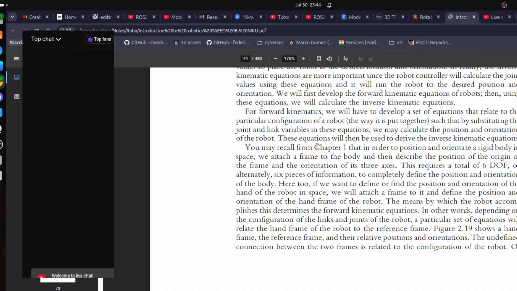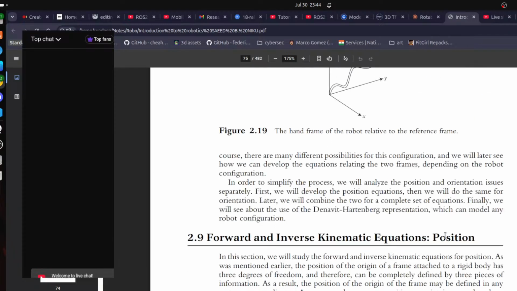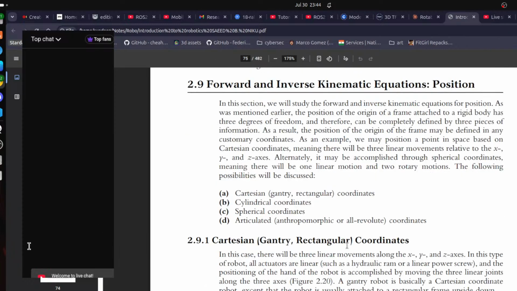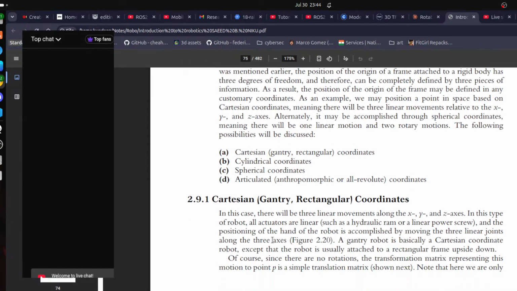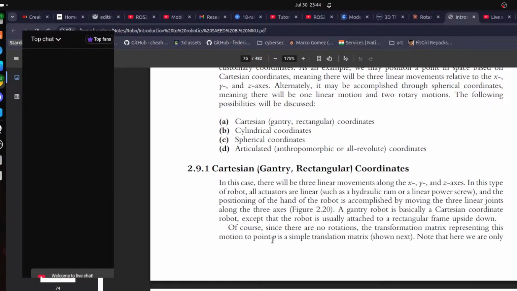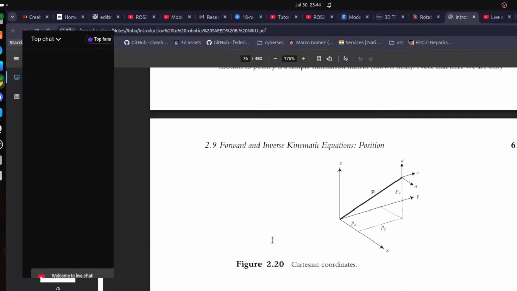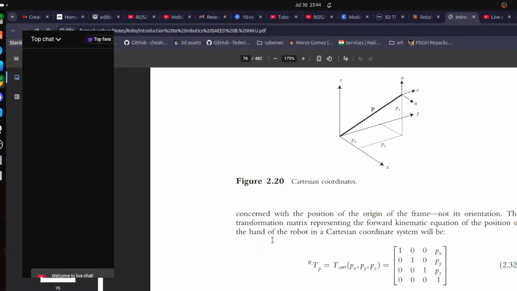You may recall from chapter 1 that in order to position or orient a rigid body in space, we attach a frame to it. I mean, we already know this one.